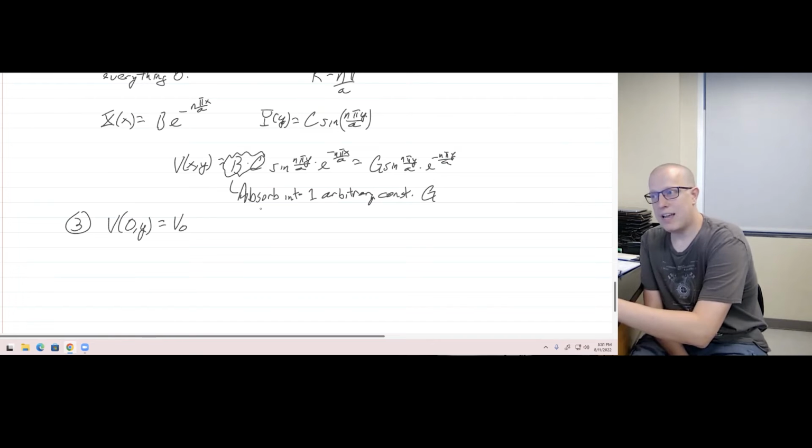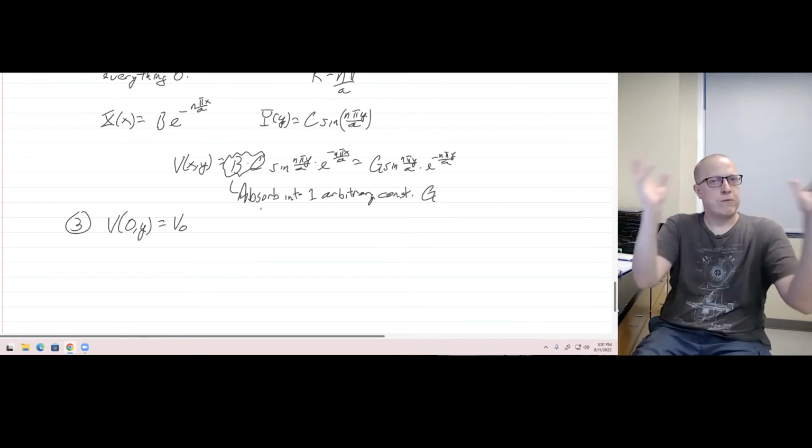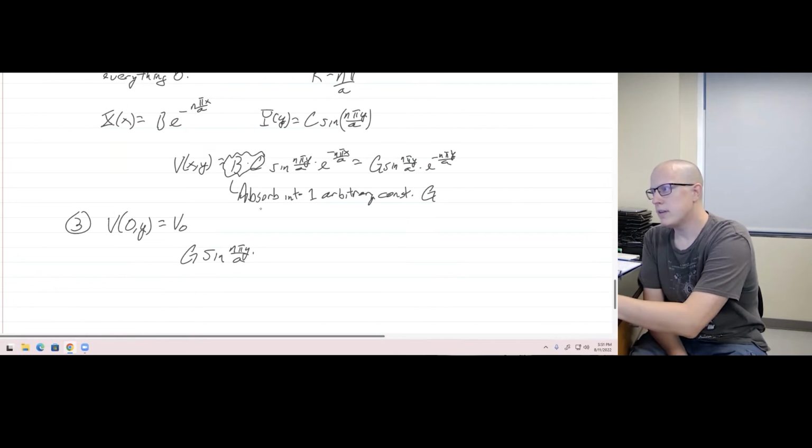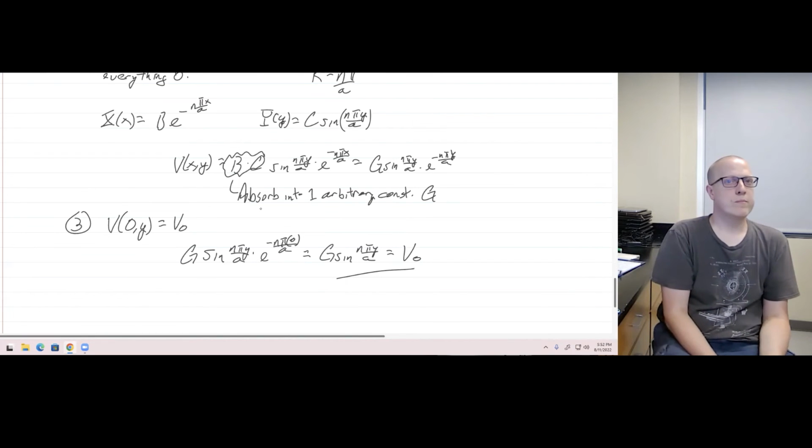And so if I apply that to our new fully adjusted function here, what I end up with is g times sine of n pi y over a times e, sorry, this is an x up here, e to the negative n pi 0 over a. And so this is just g sine. And we're told that that equals v naught, a constant.